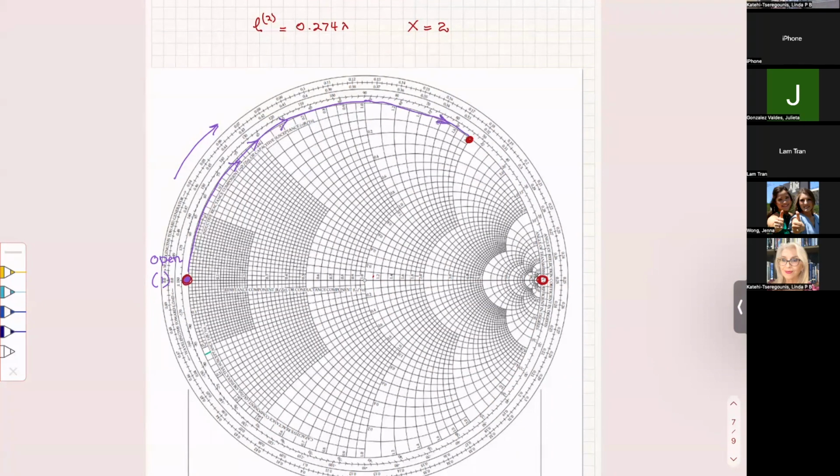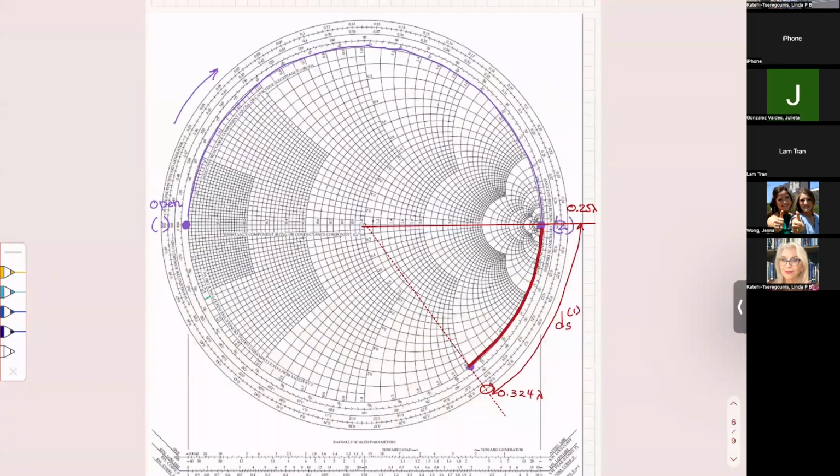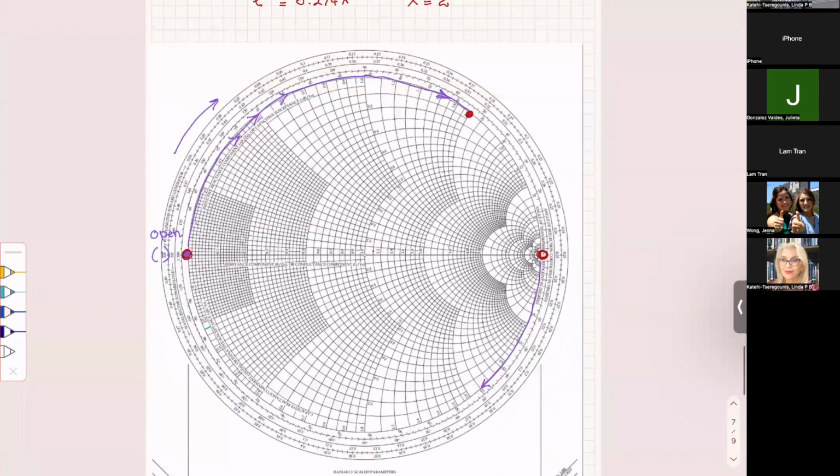Or go from here all around until we go to this point here, like we did last time. So the only possible solution we're going to get is this one.